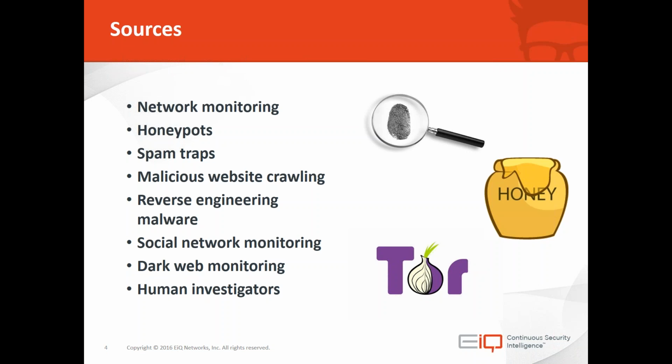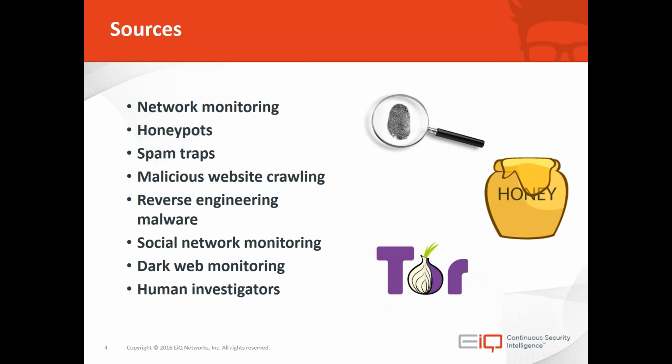So where do these IOCs come from? There's a number of different sources where we get our information. They range from sort of passive to more active. One of the big ones is network monitoring, and that could mean you monitoring your own network. When you analyze an incident, you determine what the IOCs are that are part of that incident, and then you can record those and store those for future use.